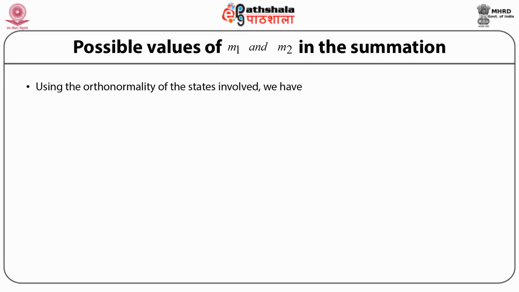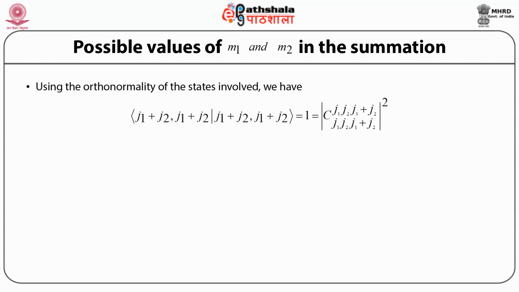Using the orthonormality of the states involved, we have the scalar product of state J1 plus J2 comma J1 plus J2 with itself is equal to 1, which equals the square of modulus of the C coefficient which depends on J1, J2, J1 plus J2.